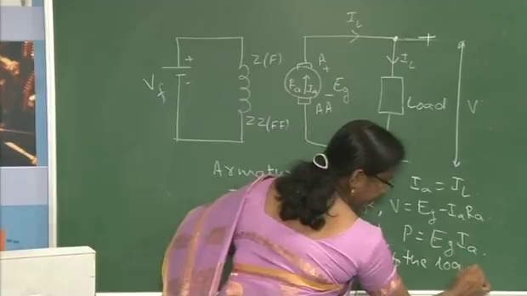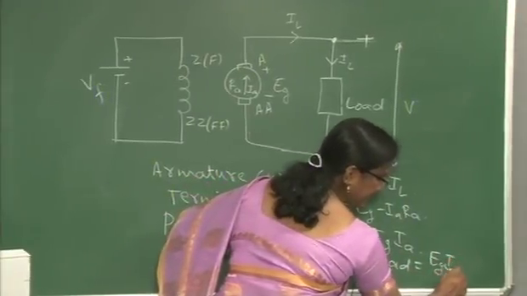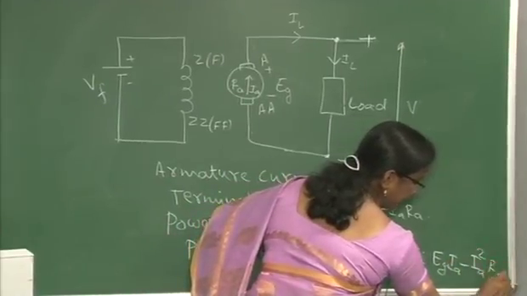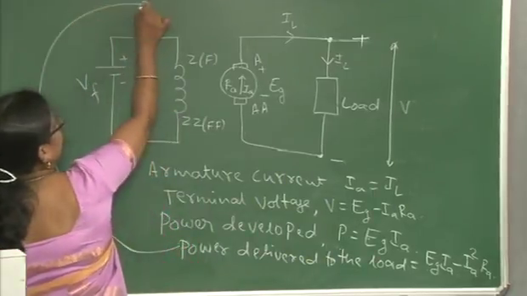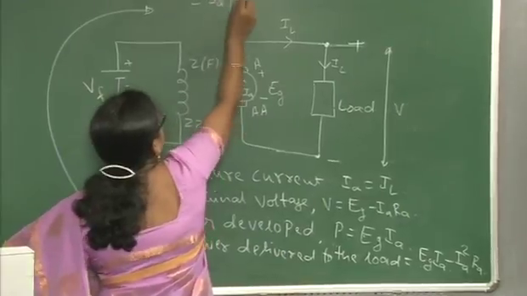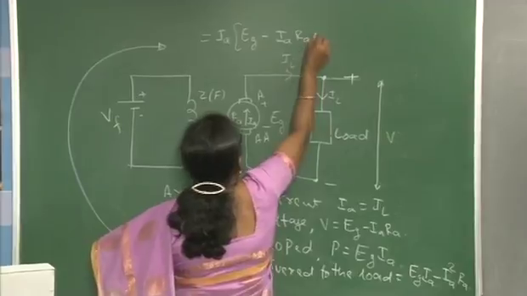So, that is why the power delivered to the load is equal to Eg Ia, this is the power developed, minus the copper loss Ia square Ra. When you take Ia as common, this is equal to Ia into Eg minus Ia Ra.